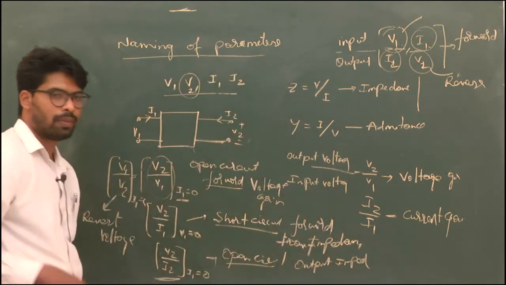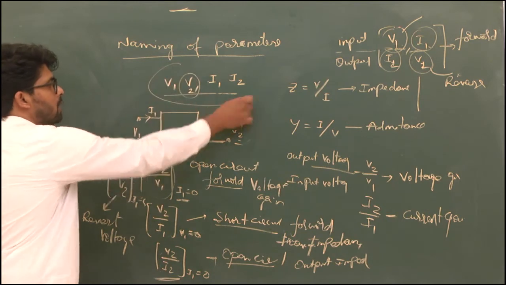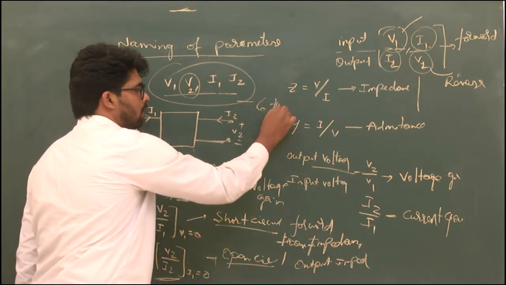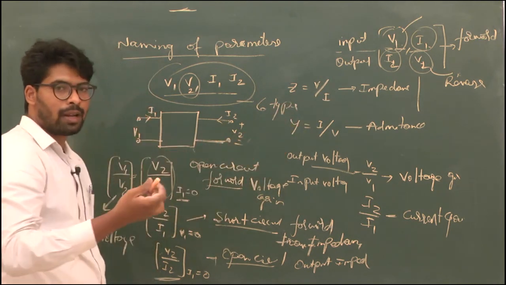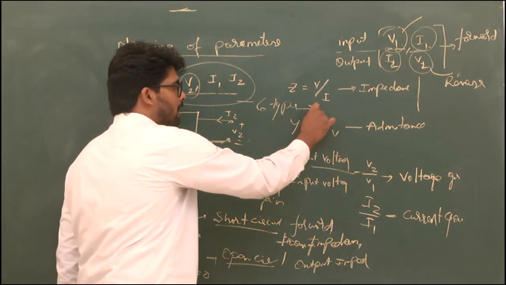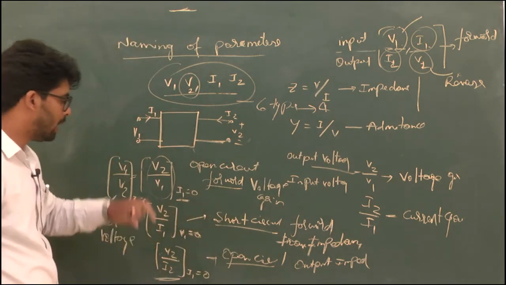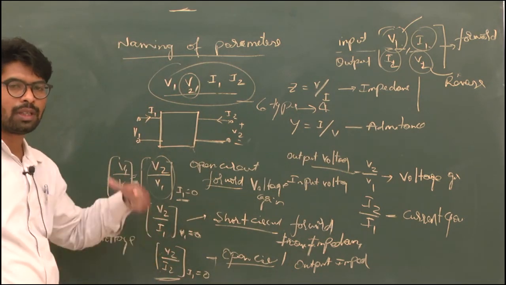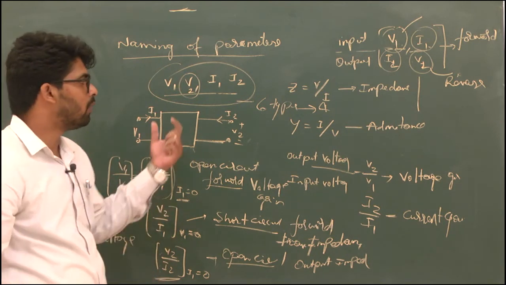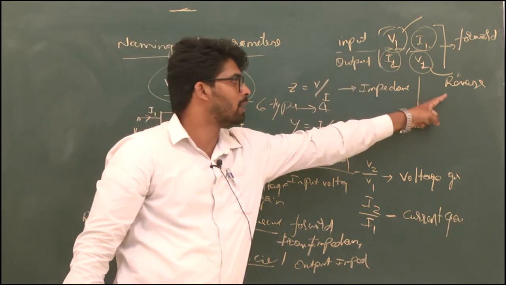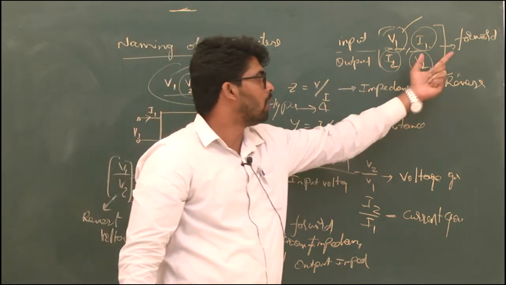Okay, so for four variables, we have 6 types of parameters. In these 6 types, we have 4 individual parameters, and from all the individual parameters you can get many combinations. Whatever combinations you get, you need to follow the same principles. If it is input by output, we call it reverse. Output by input, we call it forward.